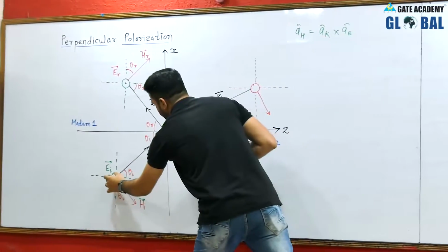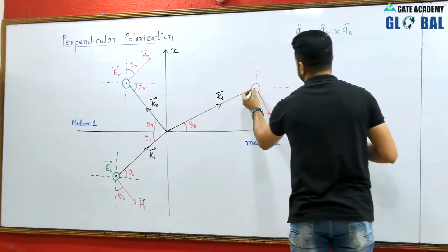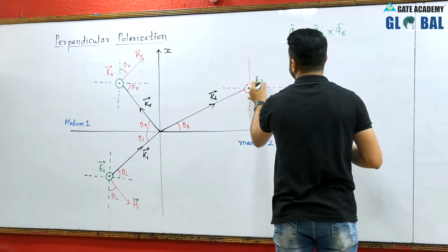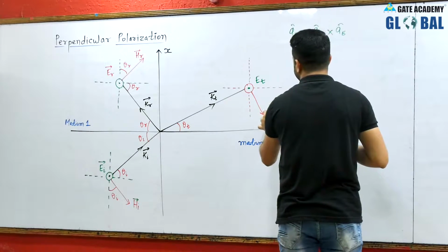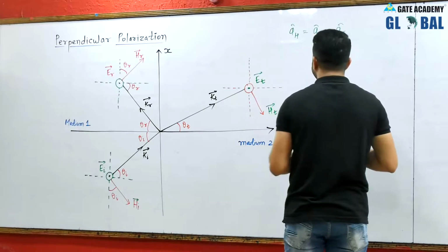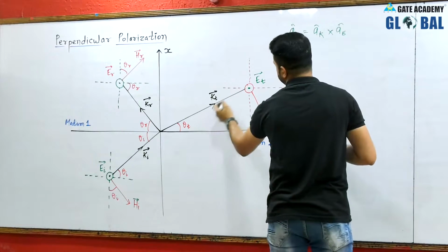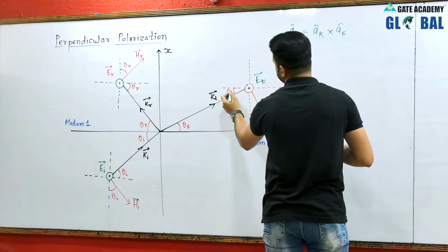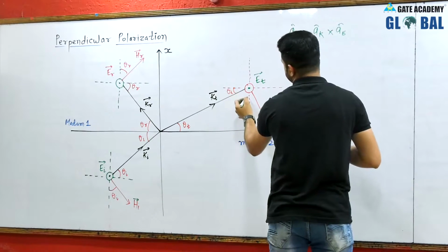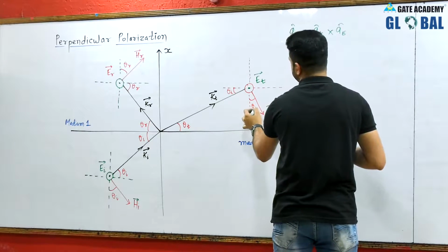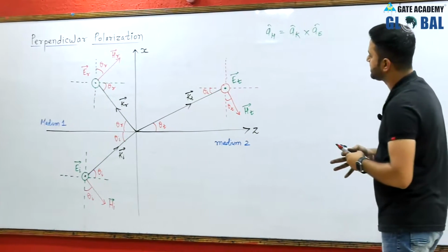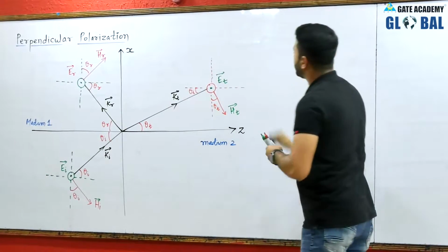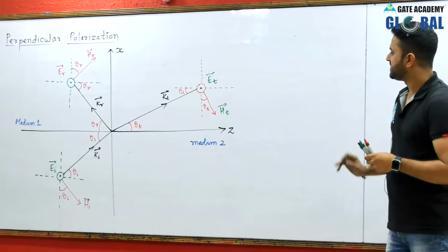So the direction of the electric field is outside the board. Here also it is outside the board, that is ET, and this would be the direction of the magnetic field HT. If this is theta T, then this is 90 minus theta T, so this will be theta T. Now we have considered all the angles and directions of the electric field and magnetic field.